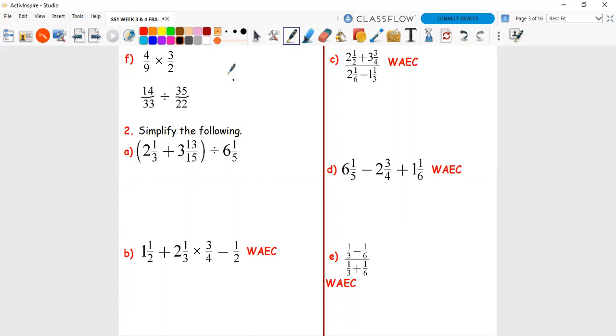When you have something like this, you can write it as 14 over 33. You know, over simply means division. Sorry, my pen is misbehaving. All over.